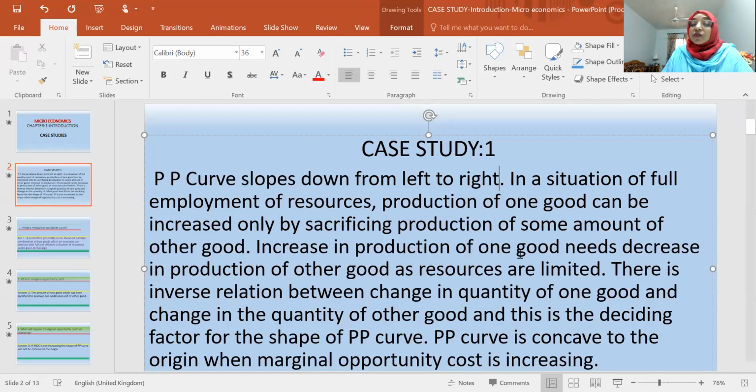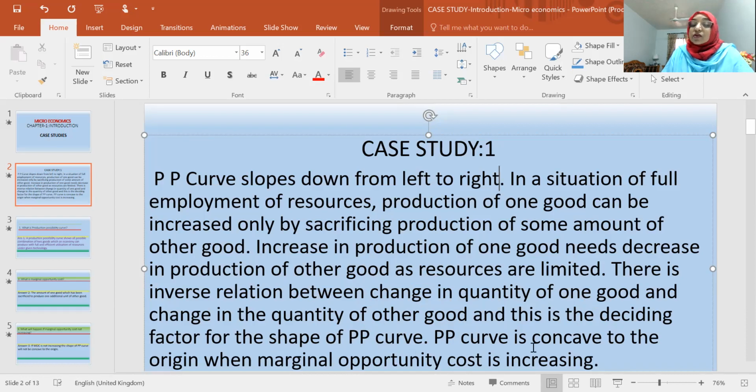Increase in production of one good needs a decrease in production of other goods as resources are limited. There is an inverse relation between change in quantity of one good and change in quantity of another good. This is the deciding factor for the shape of the PP curve.